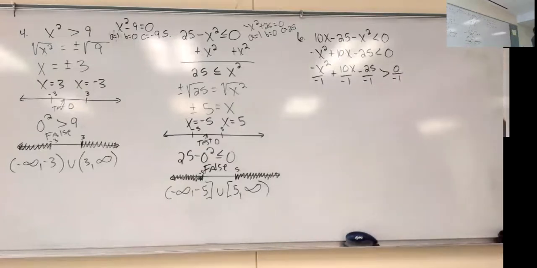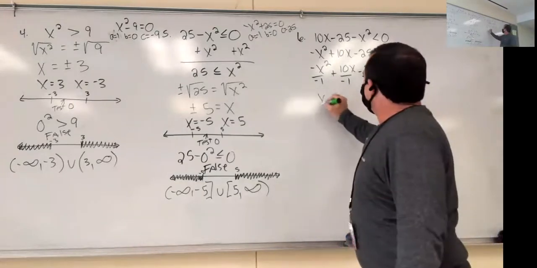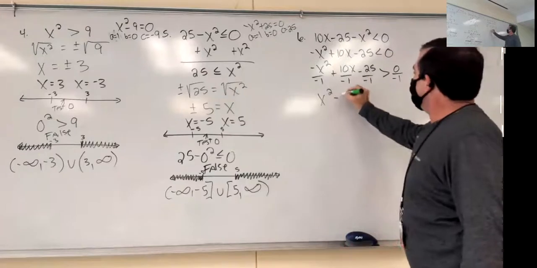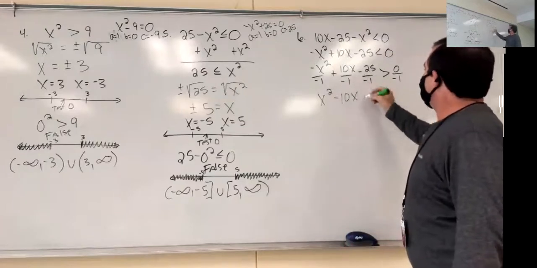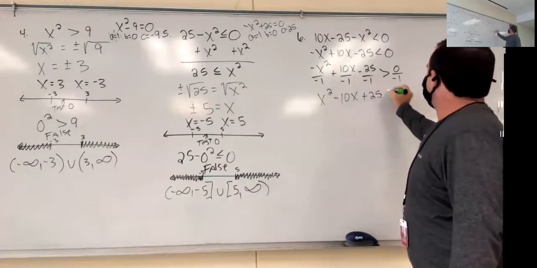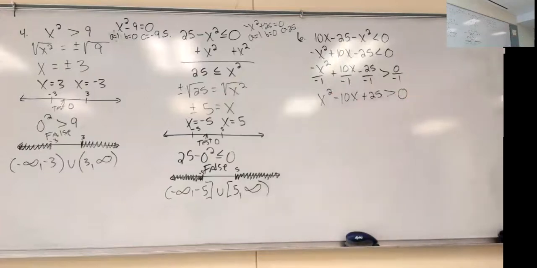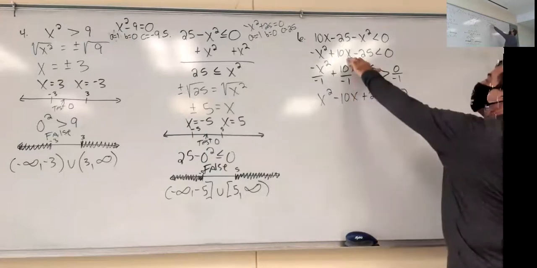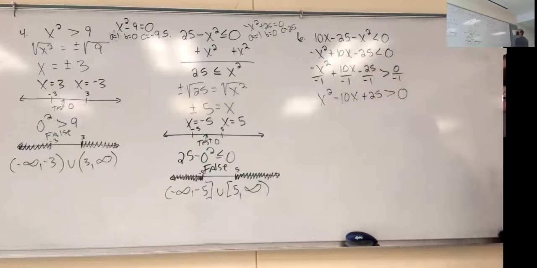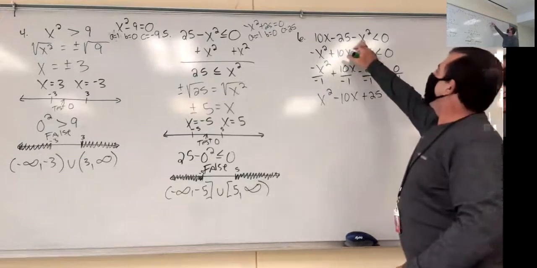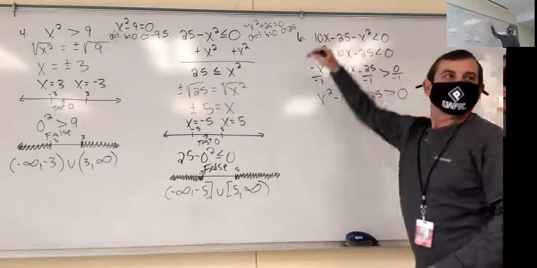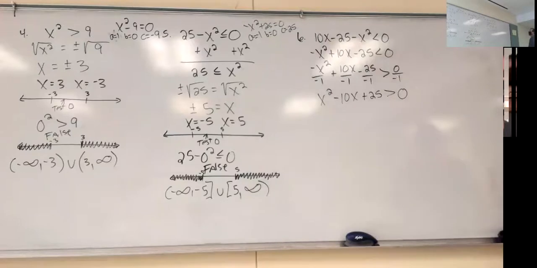Any division by negative numbers will reverse that, okay? So now I get a positive x squared, that's gonna make that a negative 10x, that's gonna make that a positive 25 is greater than my 0. So at that point, you can do it with quad at this point or at this point, either one. You really can't do quad here unless you remember the orders out of order.